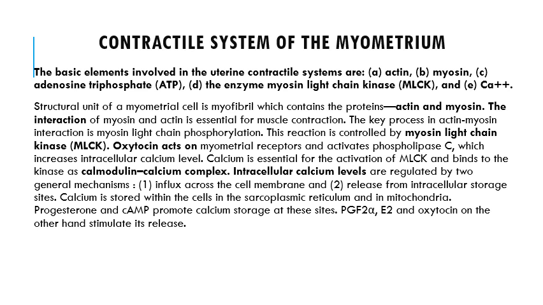Calcium is stored within the cells in the sarcoplasmic reticulum as well as in the mitochondria. Progesterone and cyclic AMP promote calcium storage at these sites, whereas prostaglandin F2 alpha, E2 and oxytocin help to stimulate its release and therefore help in bringing about muscle contractions.